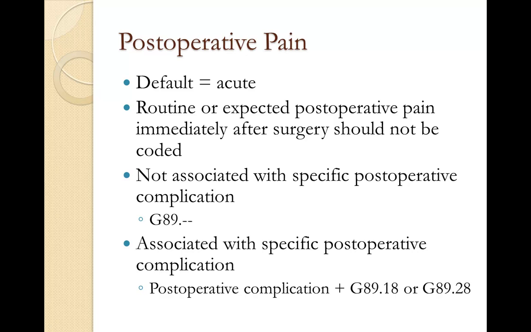If it's just expected pain, you know, obviously after surgery there's going to be some pain there. If it's just basic routine expected pain, you don't need to code a G89 code. This would be for something that's out of the ordinary. If it's not associated with some sort of specific post-op complication, just the G89 code is sufficient. If there is a complication, we're actually going to code that first, and then we would add the G89 code after that.